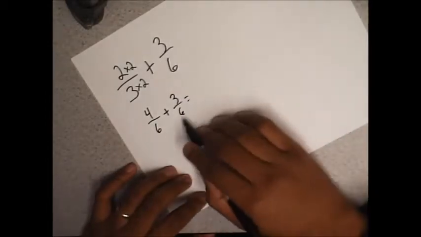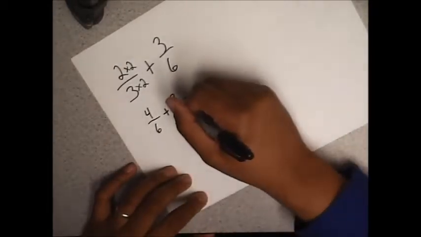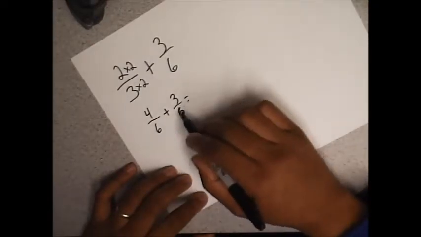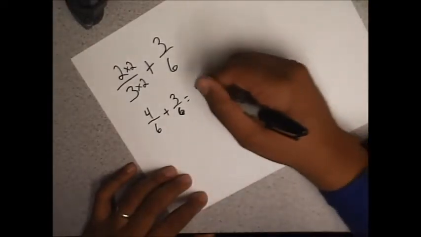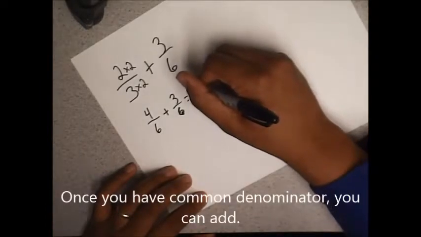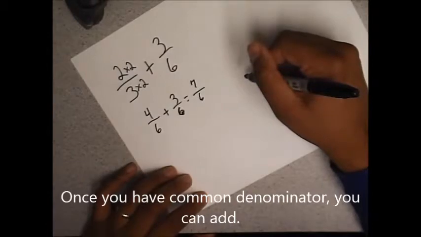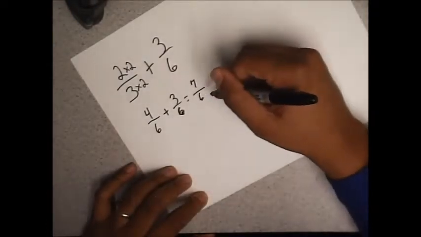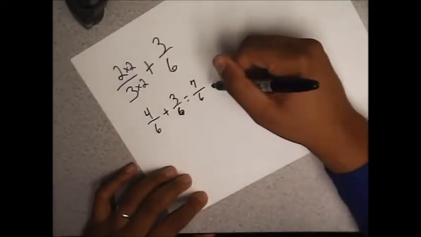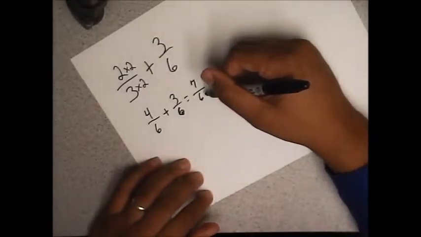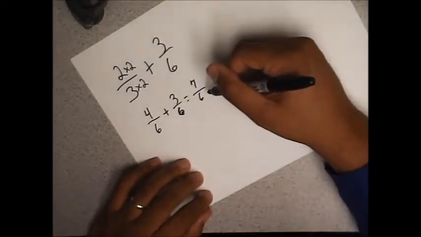Now, because I have my common denominator, okay, since I have my common denominator, now I can add these, okay? So that's going to be 7/6. And obviously, right now it's an improper fraction, but I can make it a mixed number.